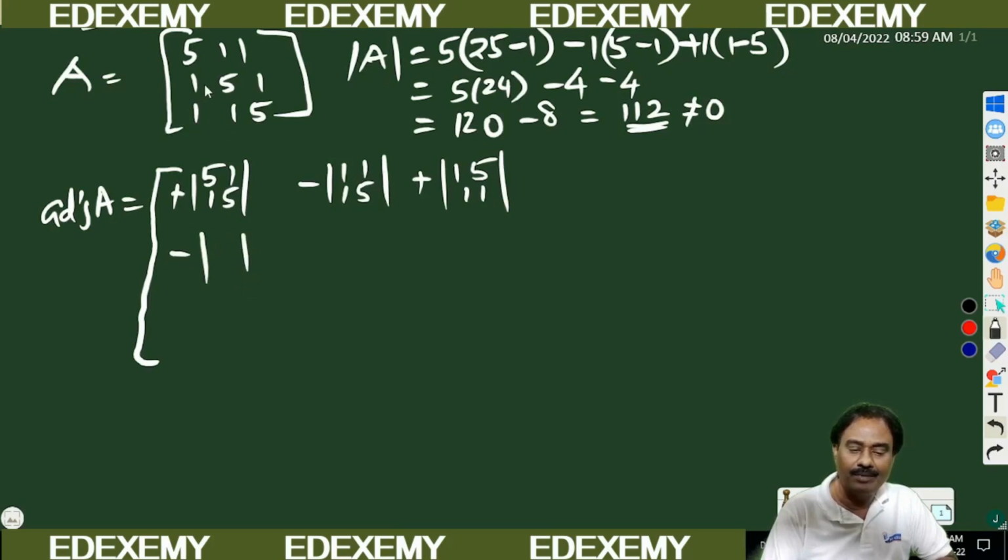Here you leave that row and column of the 1, you will get 1 1 1 5. Okay, next plus, minus will become plus, determinant of the 5. Leave that row and column, you will get 5 1 1 5.